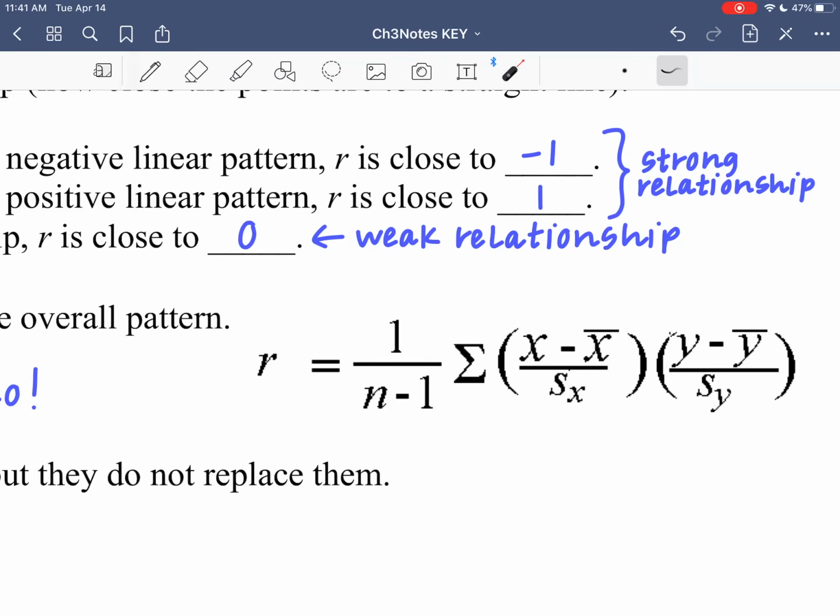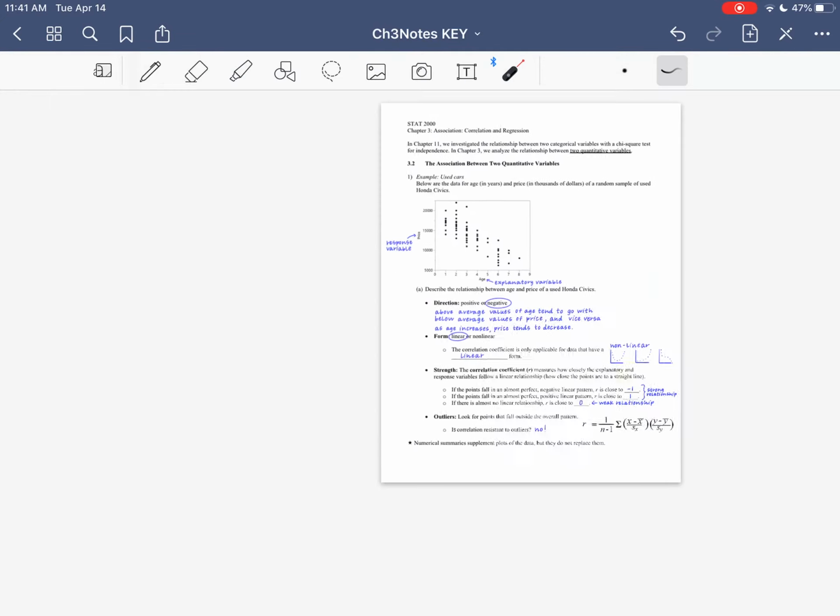I wanted to talk about it in those terms because the formula uses every single value in the sample. That gives us an idea that if we change one of these values or put in an outlier, it's likely going to be very far away from the rest of the data. Therefore, this calculation is going to change.